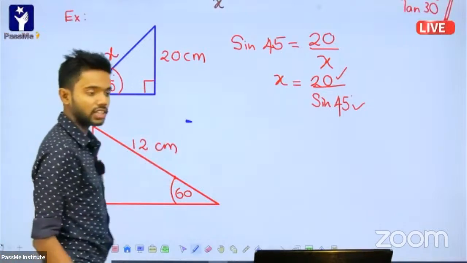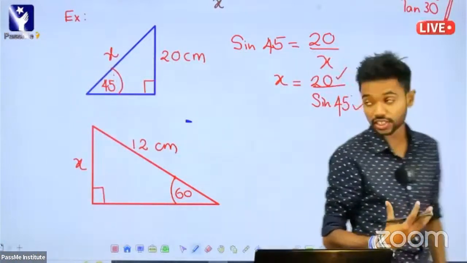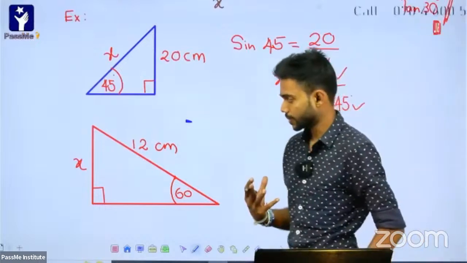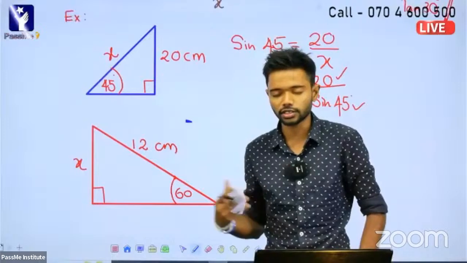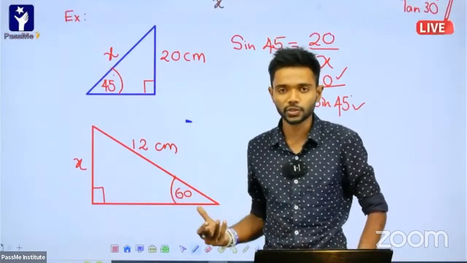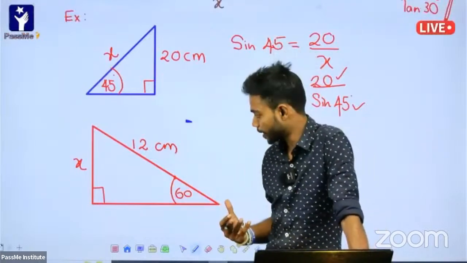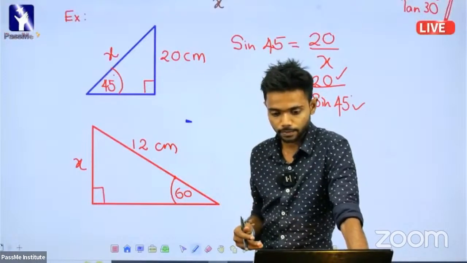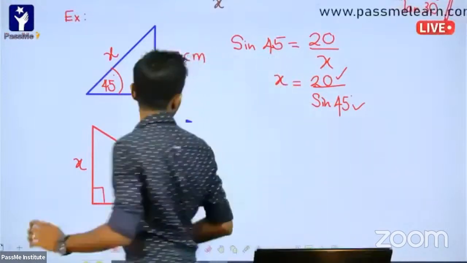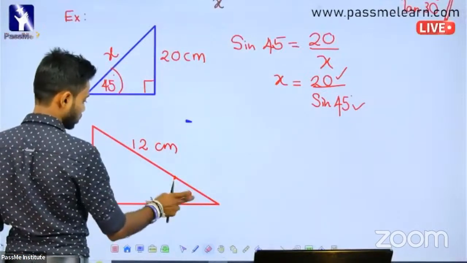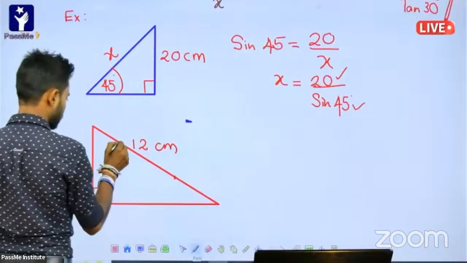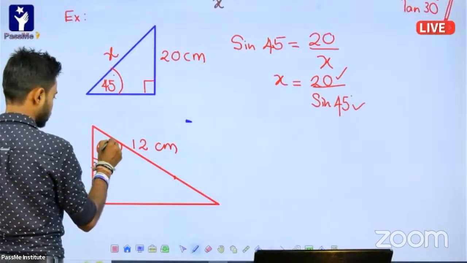Now in order to find the relationship between 12 centimeter, 60 degree and the x, can someone suggest a triangle, the trigonometry ratio, sin, cos, tan here? So you are taking this angle like 60 and here x.